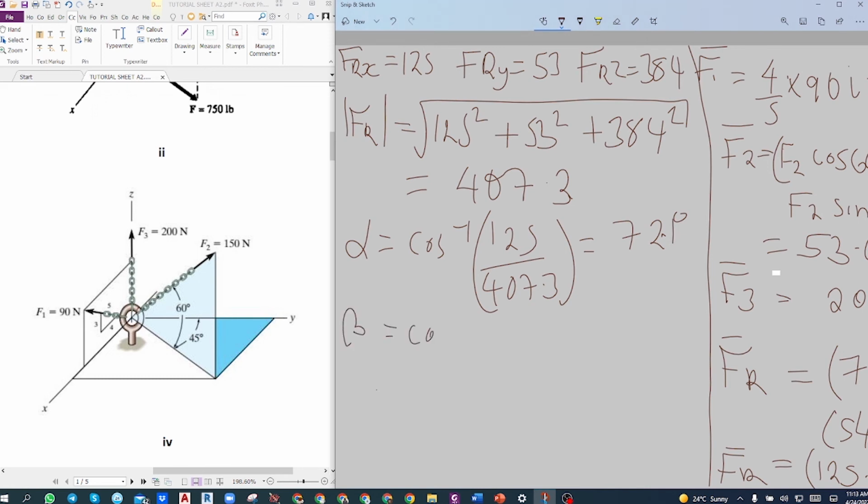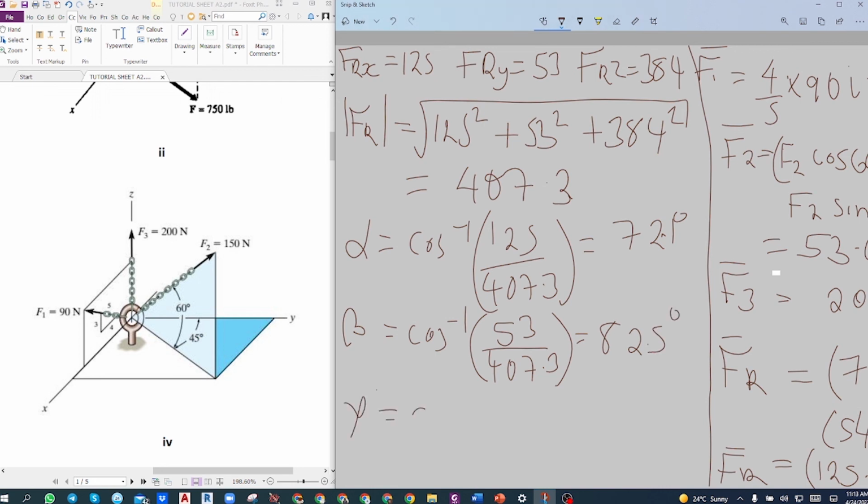Beta is equal to cos inverse of 53 over 407.3, which is equal to, that sounds too much, but okay, 82.5 degrees.